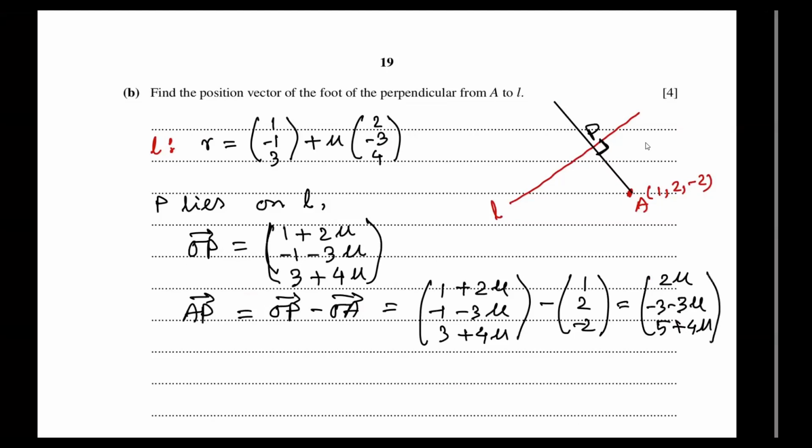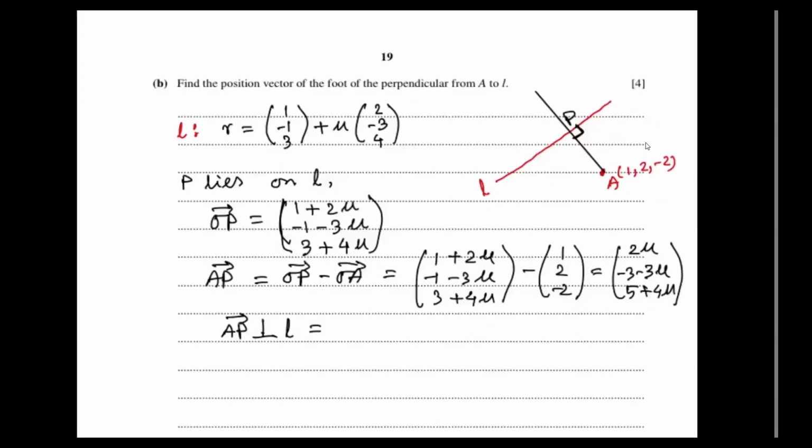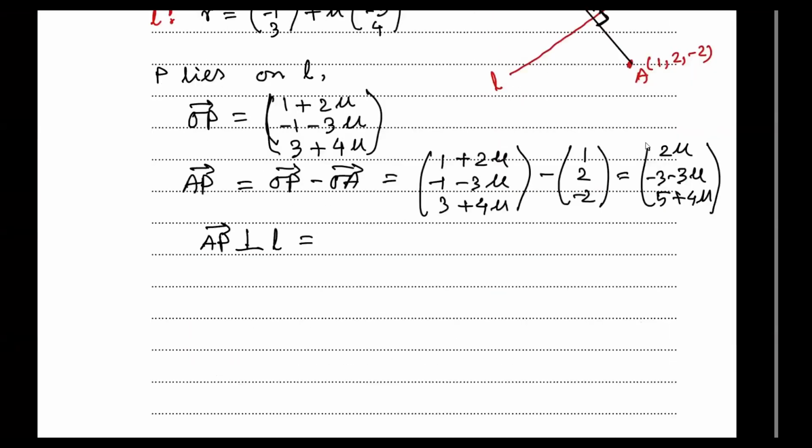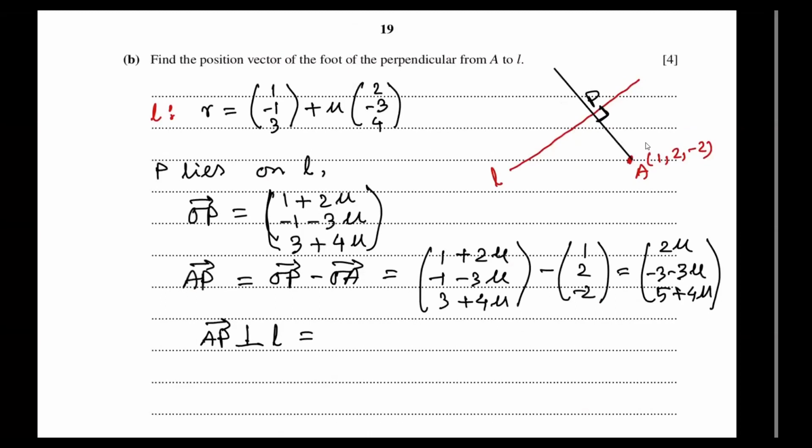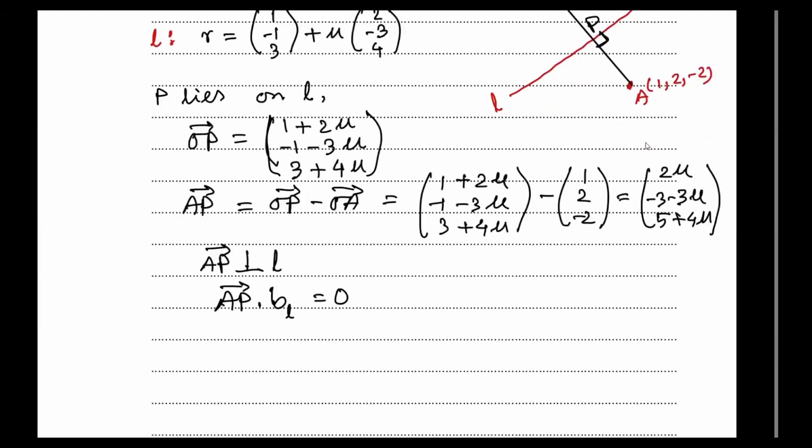Now we know that AP is perpendicular to L, so the dot product of AP and the direction vector of L will be 0.